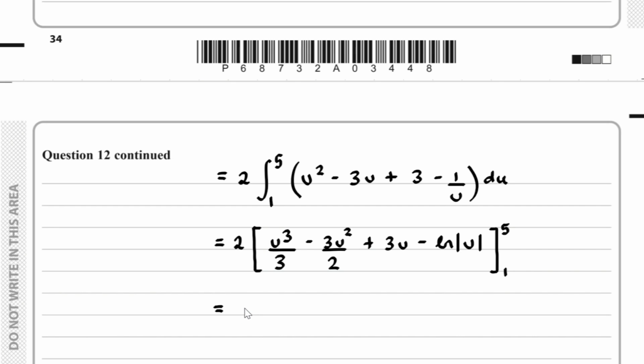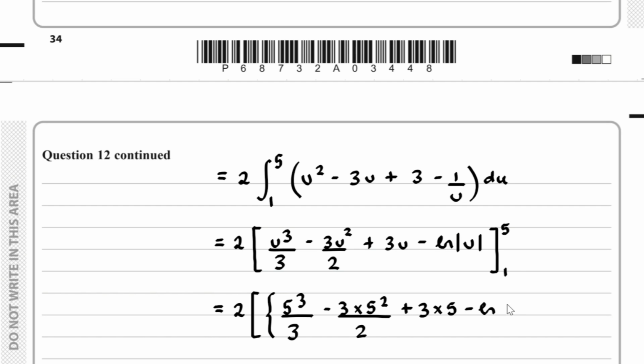So we've got 2 lots of, if I substitute in for my upper limit, we've got 5 cubed over 3 minus 3 times by 5 squared over 2 plus 3 times by 5 minus natural log of 5.